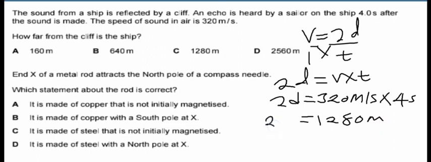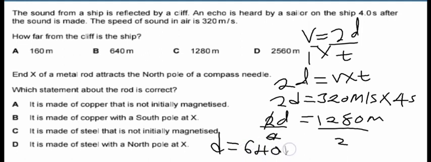Remember here we have 2D, meaning I'm going to divide by 2, even here by 2. Then 2 and 2 are going to cancel each other. Therefore, D is going to be equal to 1,280 divided by 2, which gives 640 meters, meaning our answer is going to be B.